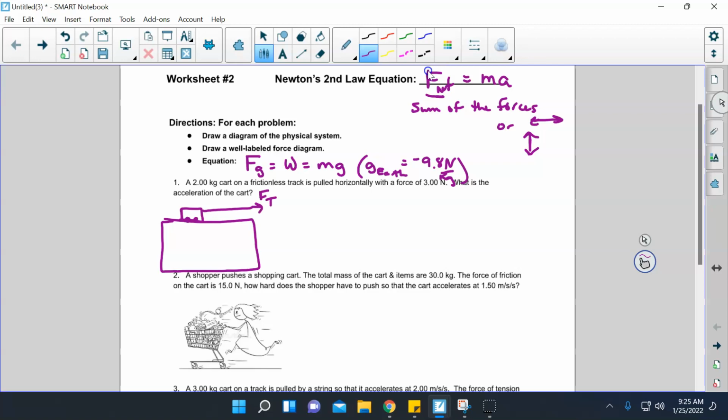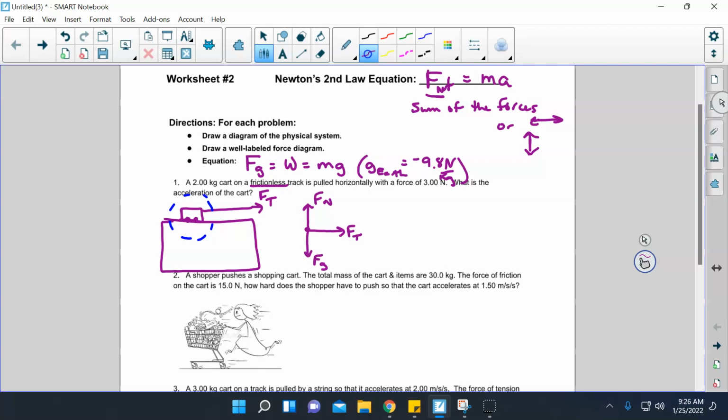Now, notice that there is no friction here, so we don't have to worry about friction. So we want to know what is the acceleration of the cart. So we're going to start first with our force diagram, and we are looking at the cart here because we're interested in that. So my force diagram would be this force tension, force normal, and force gravity.